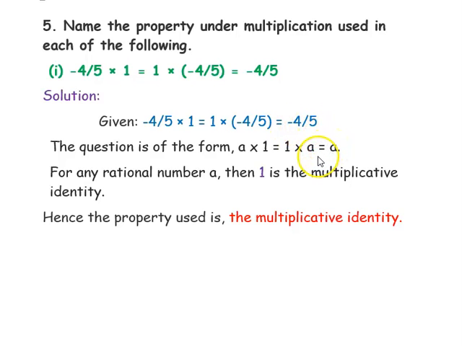We have seen the multiplicative identity property, that is, for any rational number a, 1 is its multiplicative identity. A number multiplied by 1 will give you the same number. So the property used here is the multiplicative identity property.